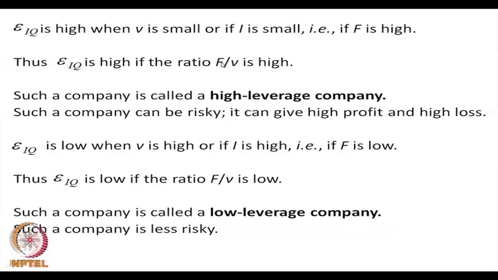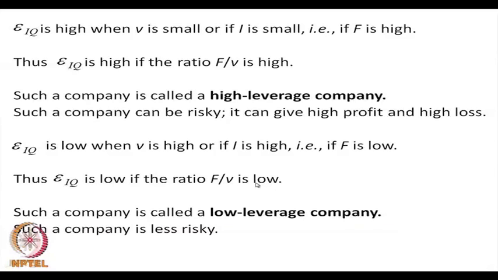That means, if the ratio of fixed cost to variable cost is high, then it is a case of high operating leverage, or such a company is called a high leverage company. A high leverage company has got a high fixed cost and a low variable cost, compared to a low leverage company which has got a low F and a high V, or the ratio F by V is low.